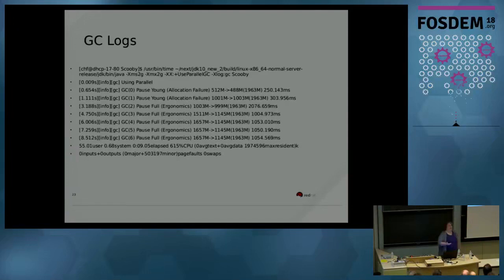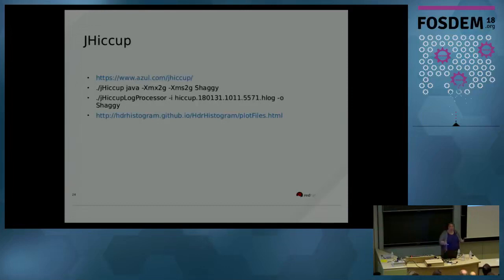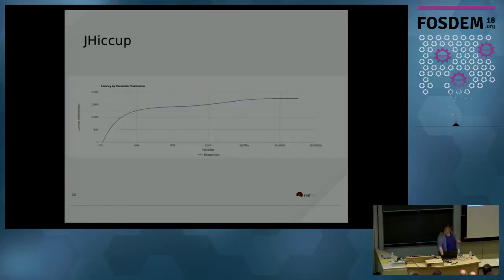These pause times are pretty high, so you know that this isn't going to be a very responsive collector. But we want a more fine-grained way to talk about pause times. You can use JHiccup from Azul, and that gives you a histogram of pause times and tells you where you are. This is better than nothing, but it's not what I want.